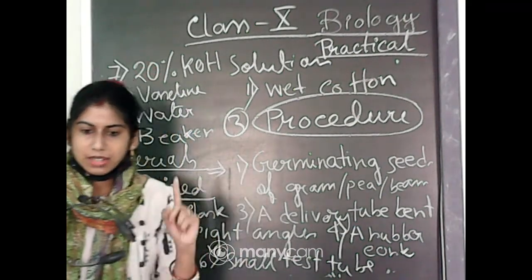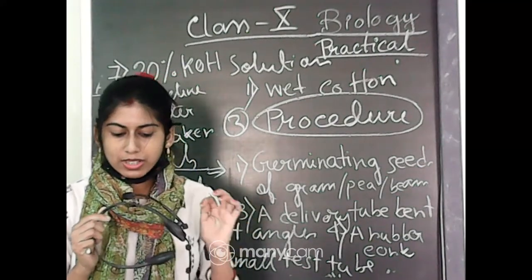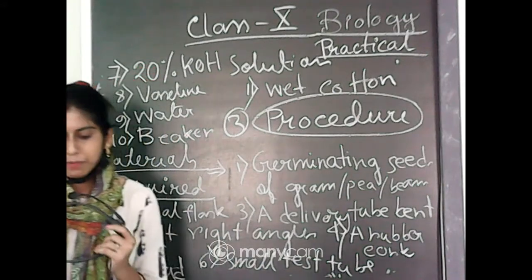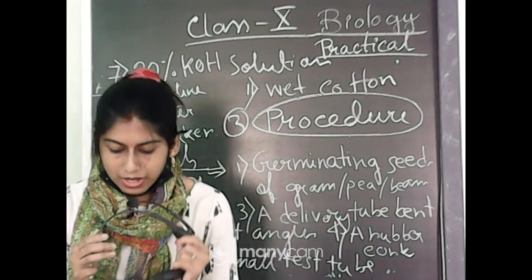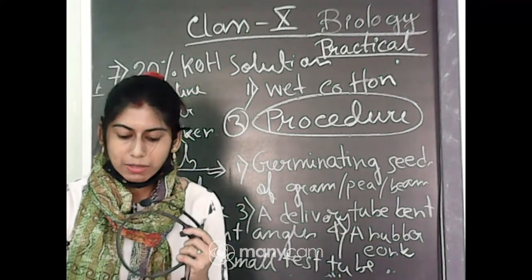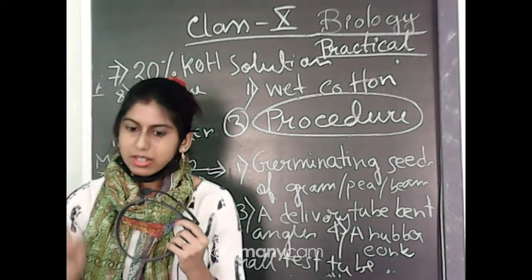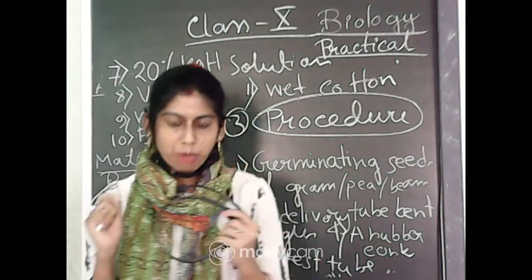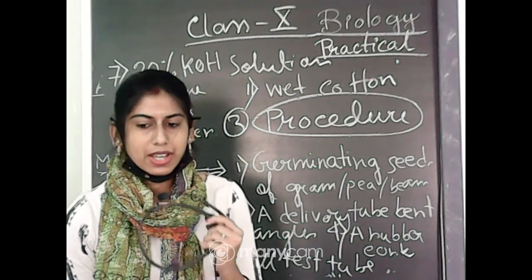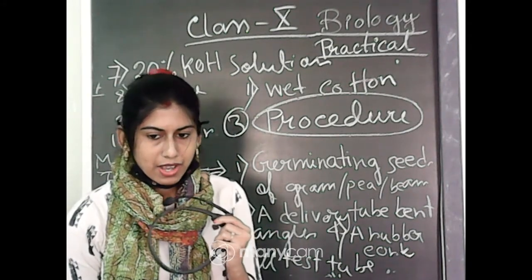This is point number 1. Point number 2: place these germinating seeds in a conical flask.